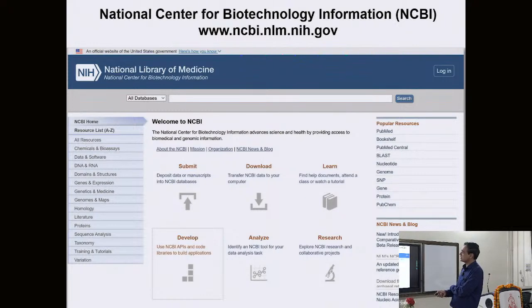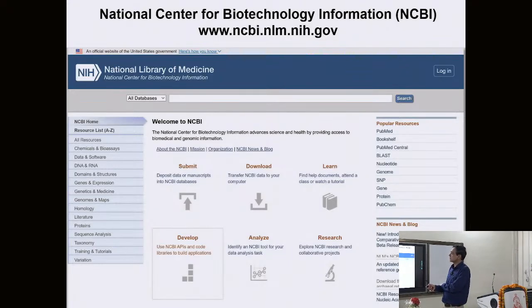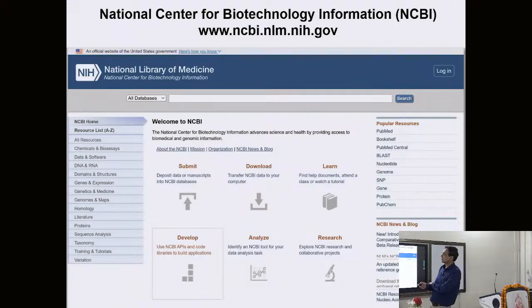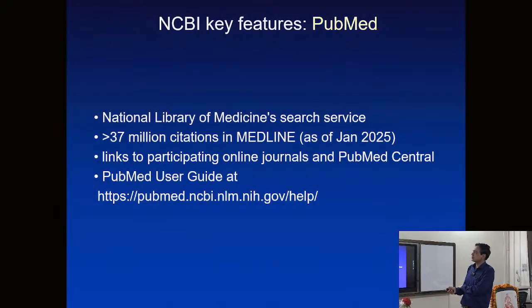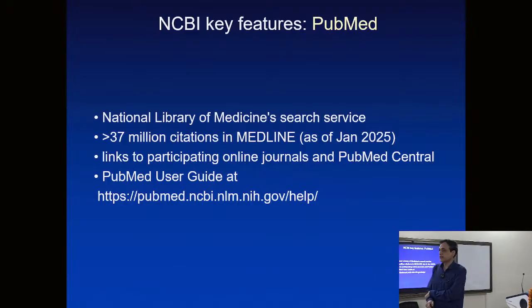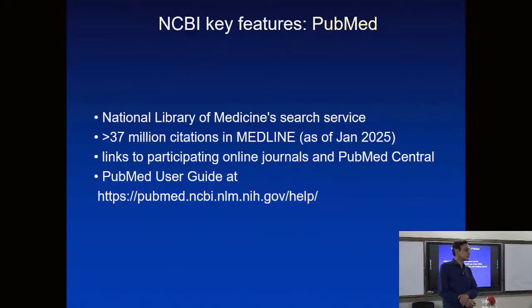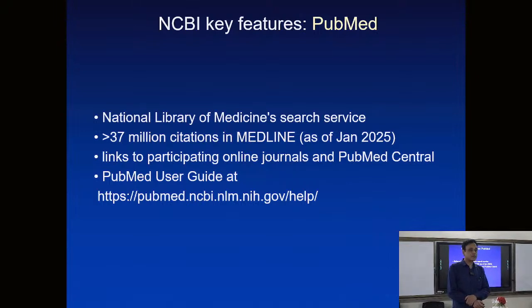But before that, I just wanted to show you the screenshots that I got for you, and you have received this. Okay, good. These are screenshots that I took from the NCBI database. So you can go to NCBI and access different data there. NCBI key features: one of the key features is PubMed, a repository of scientific literature, papers and books published in the field of biology or medicine or biomedicine.